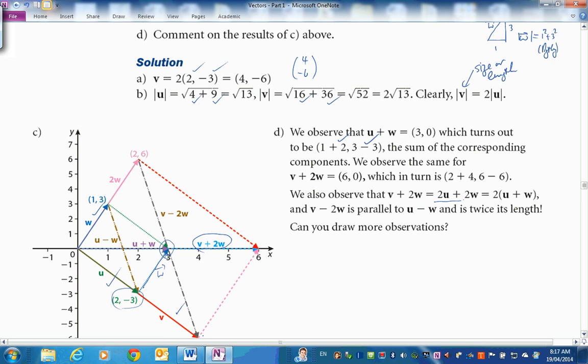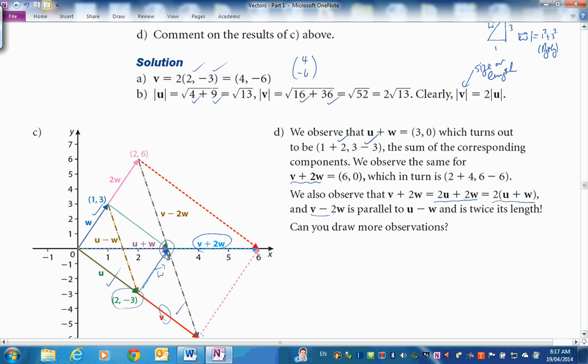Are they doing 2u plus 2w here for our v plus 2w, and just checking it here, our v plus 2w has to equal 6, 0. So we haven't actually shown that very well on the diagram because it's a bit messed up in here. Our v vector would be coming from back here and then adding 2w to it. Okay, so the diagram's a bit confusing there.